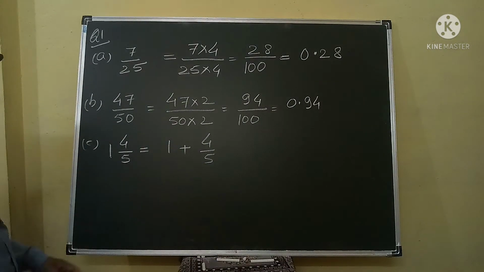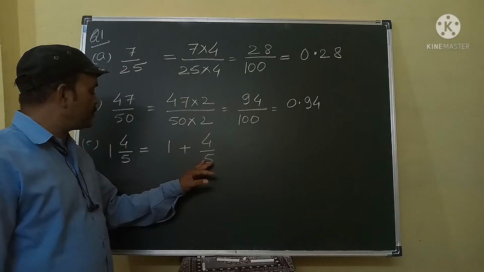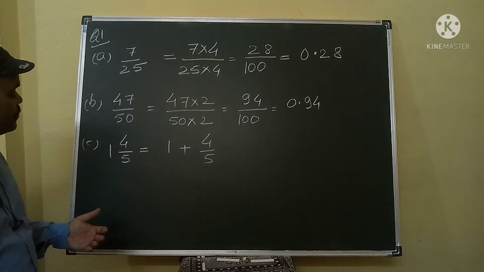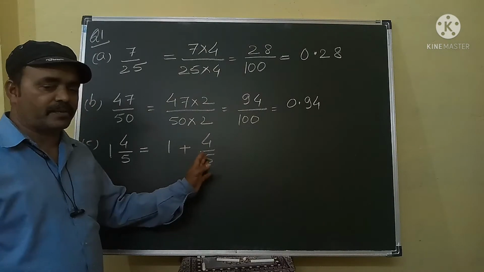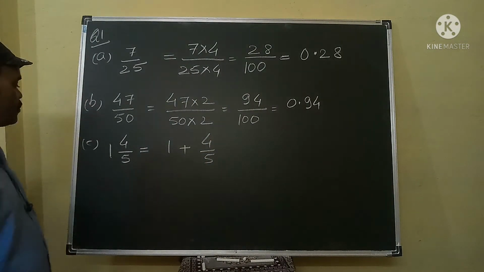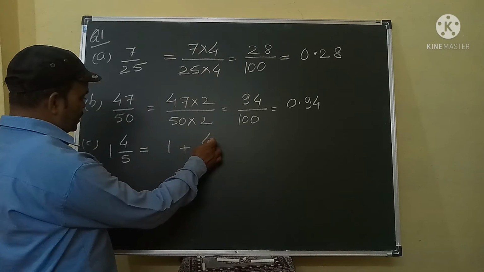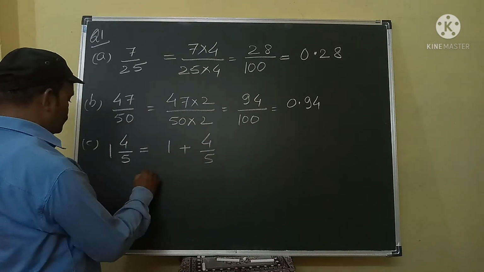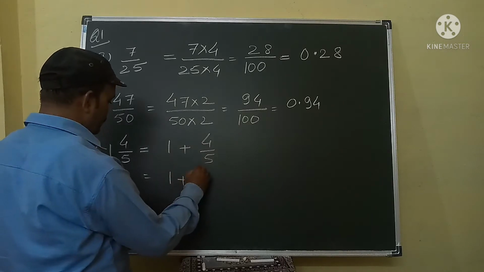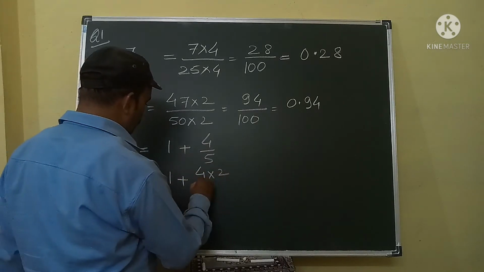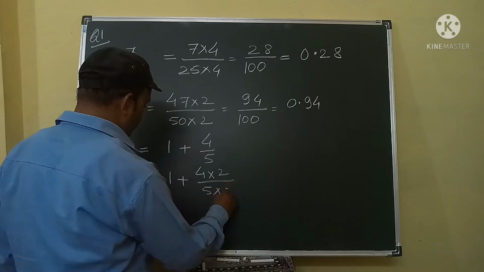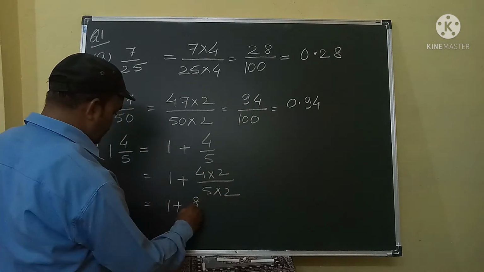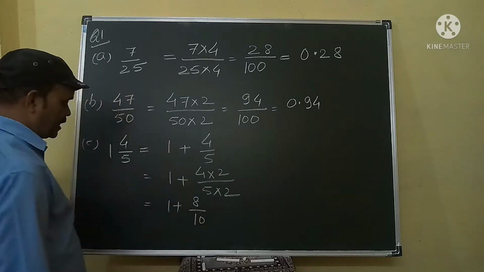So what will we do? The denominator 5 we convert to 10. It is very easy. We multiply the numerator and denominator by 2. 1 plus 4 into 2 upon 5 into 2. 4 becomes 8 and 5 becomes 10.